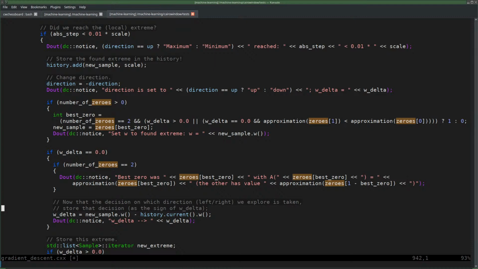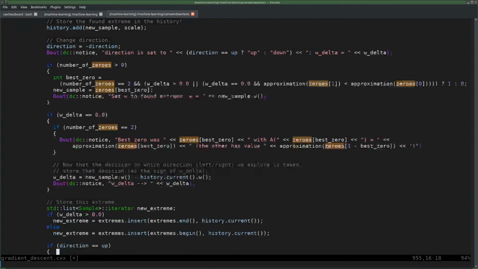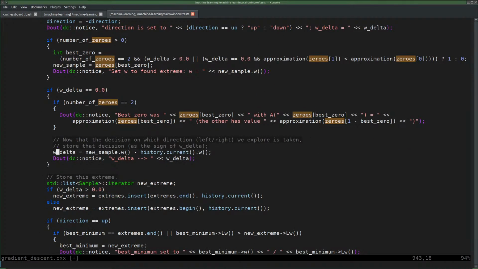Now, the case of having no zeros at all, well, we still get here, I think, because we might get here, and now I still have to make the decision which way to go. Well, there are no zeros. I suppose that's just random. Oh, yeah, I was going to use the scale as a step.